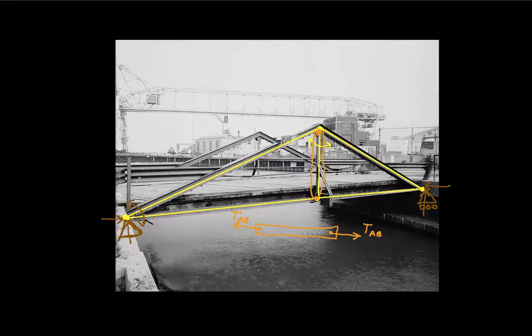So that's the introduction. Let's go ahead and get started on actually solving the problem. The way we'll do this is we will draw a free body diagram of the entire structure, the support reactions and the loads. Let's suppose for the sake of analysis that I've got a load here of 8,000 pounds.